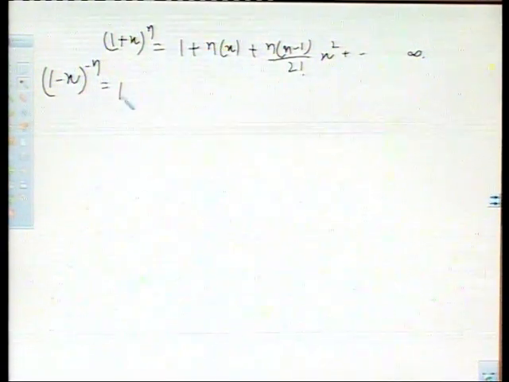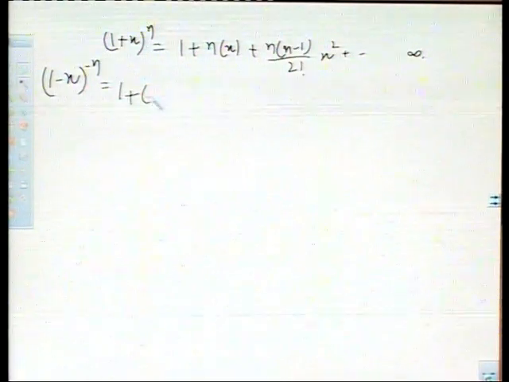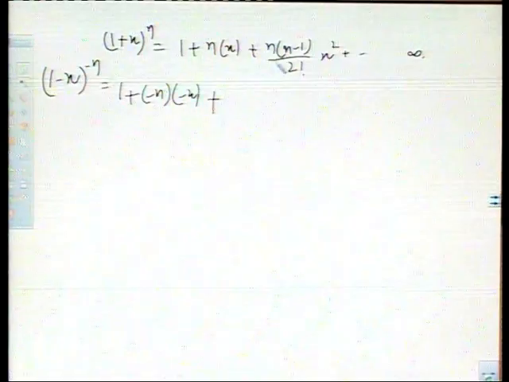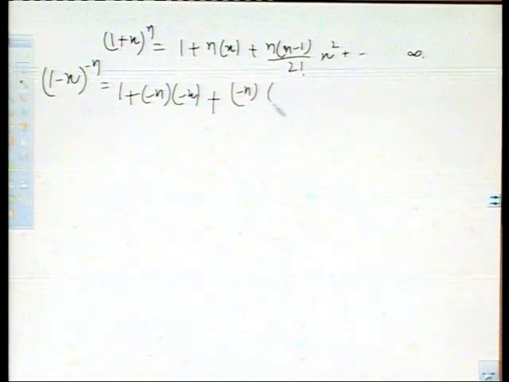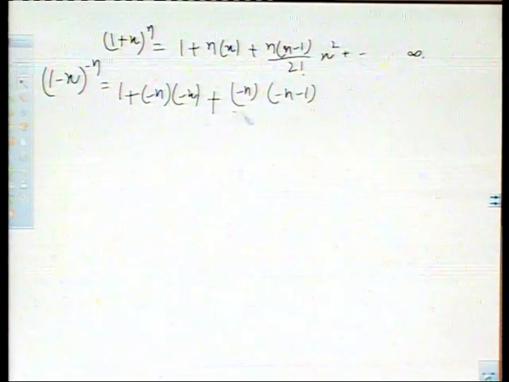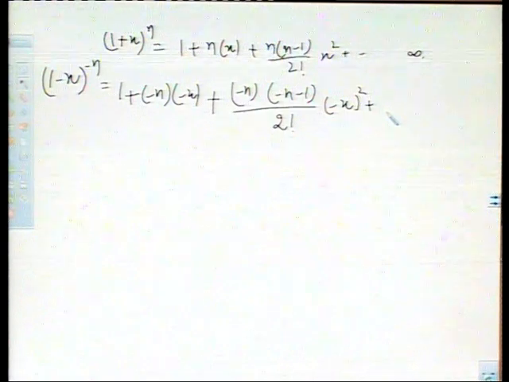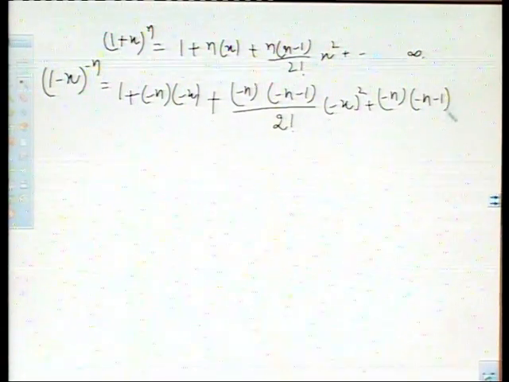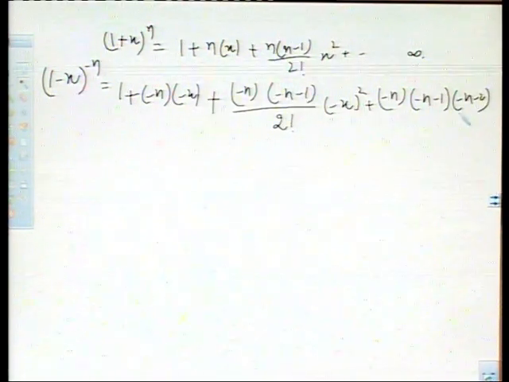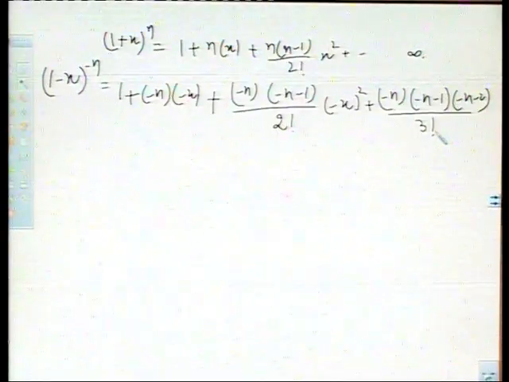Then it will be equal to 1 plus (minus n)(minus x) plus (minus n)(minus n minus 1) upon 2 factorial (minus x) square plus the next term with (minus x) raised to power cube.